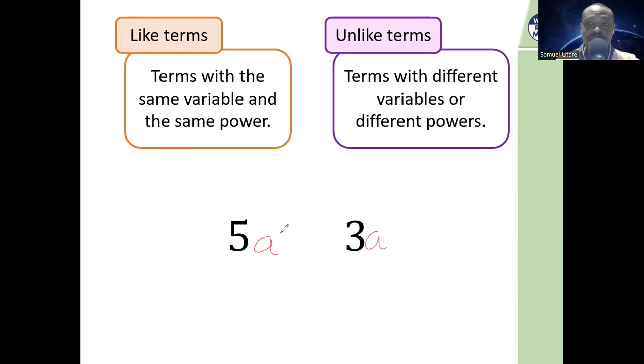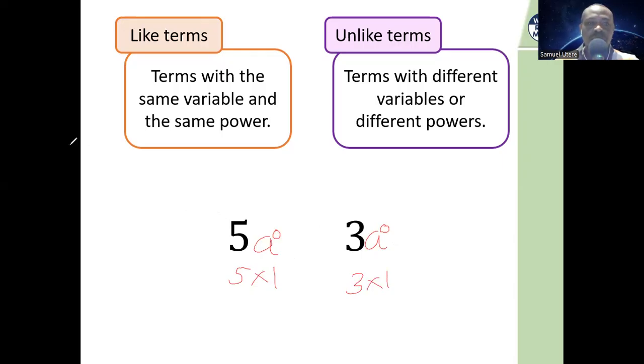One thing, a big secret, well, not really a secret, but I want you to be thinking ahead. In maths, anything to the power 0 is equal to 1. So even if I put any of the letters of the alphabet and put 0 as the power, this is like saying 5 times 1, and this is like saying 3 times 1, because any letter to the power 0 is 1.